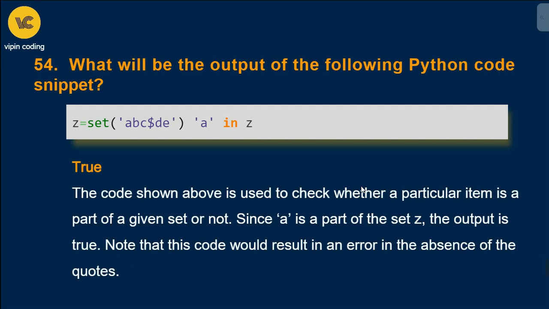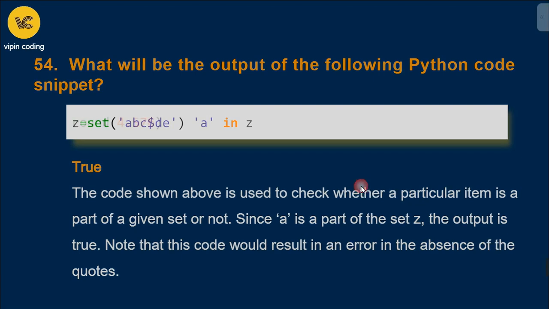The code shown above is used to check whether a particular item is a part of a given set or not. Since 'a' is a part of the set z, the output is true. Note that this code would result in an error in the absence of the quotes.